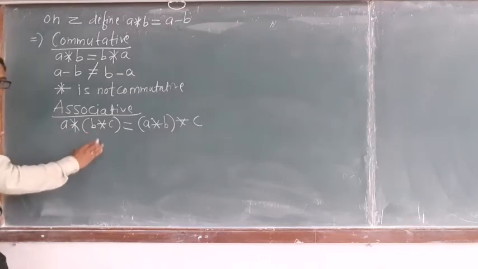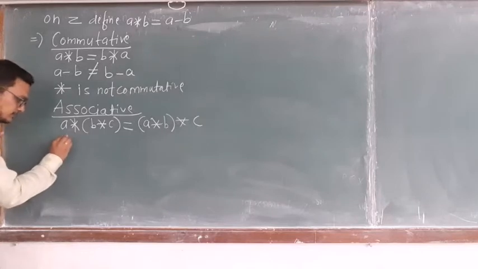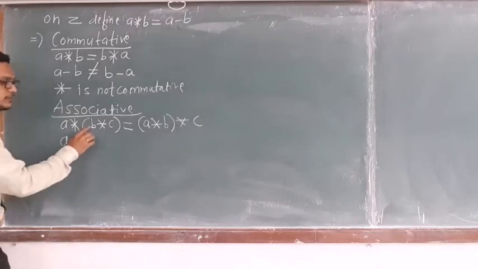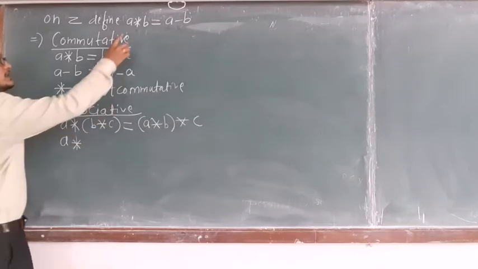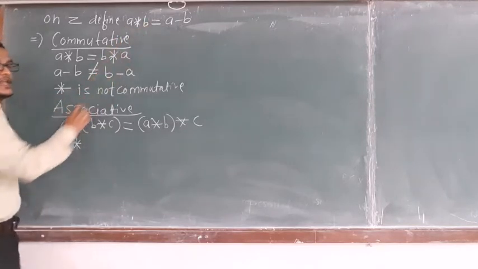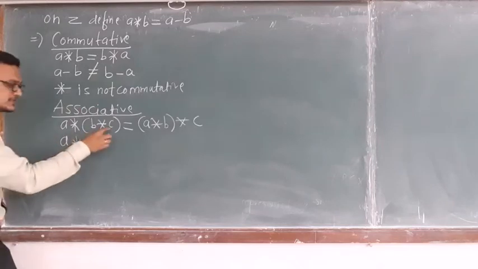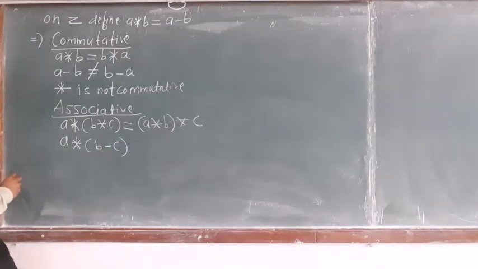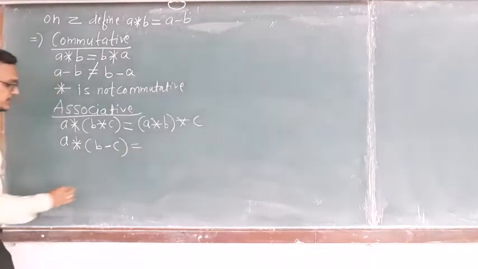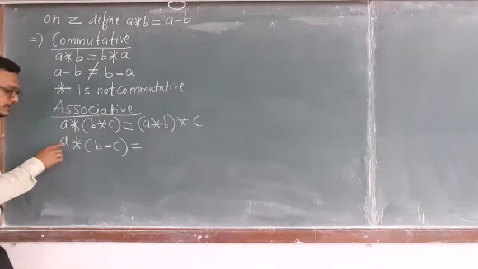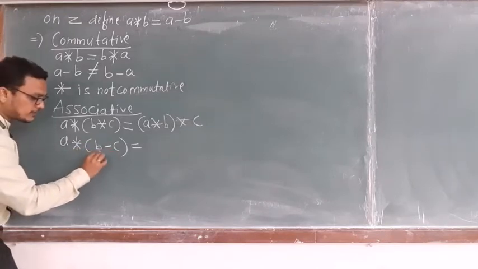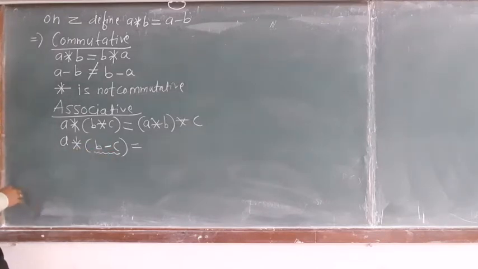First calculate the LHS part: a as it is, star as it is, now b star c. What is b star c? It is b minus c. Now we have to calculate a star (b minus c). For this whole part, b minus c, we just consider it as b.